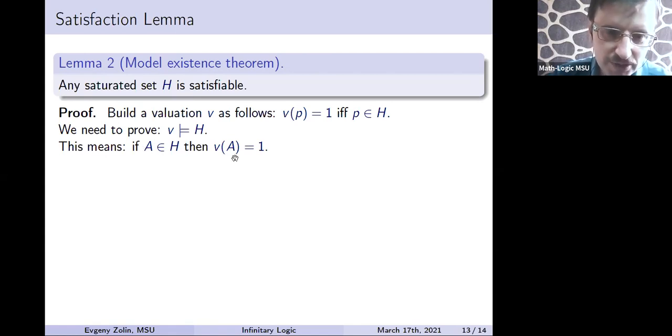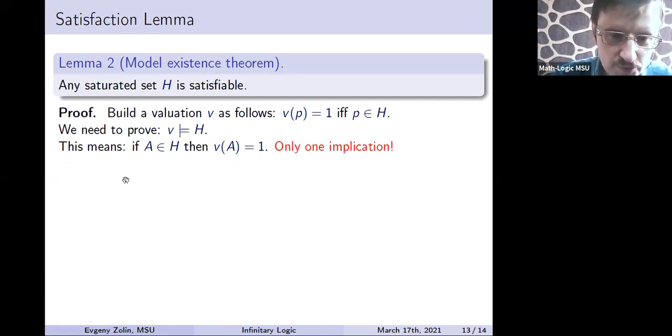Of course, we will not be able to prove that every formula that is true belongs to our H, because our H has only countably many formulas, and there are continuum many formulas that are true for any valuation V. So half of the formulas are true and half of the formulas are false. So we cannot prove the converse implication. So we will prove only one implication. And what is the main thing that happens in this lemma?